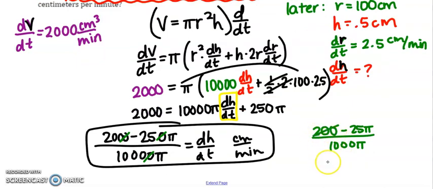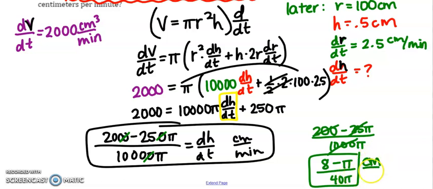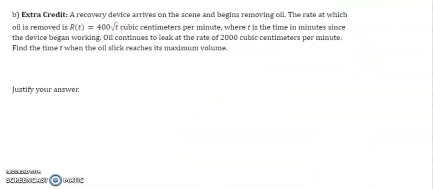So 200 divided by 25 is 8. 25 divided by 25 is 1. 1,000 divided by 25 ends up being 40. So this ends up being your final answer with a pi still in the bottom. And then this would still be in centimeters per minute. But when you don't have your calculator and it's a free response, you're not trying to make things match. Just leave it, okay? Don't work harder than you need to.